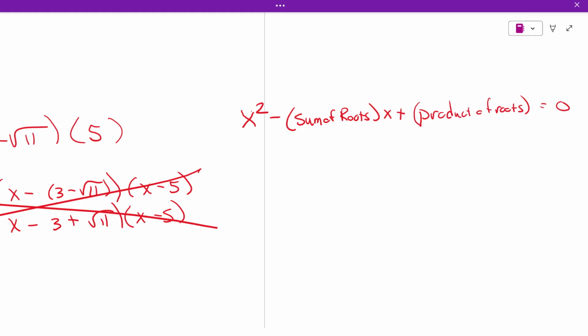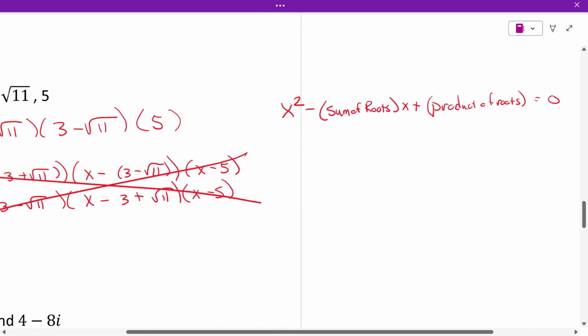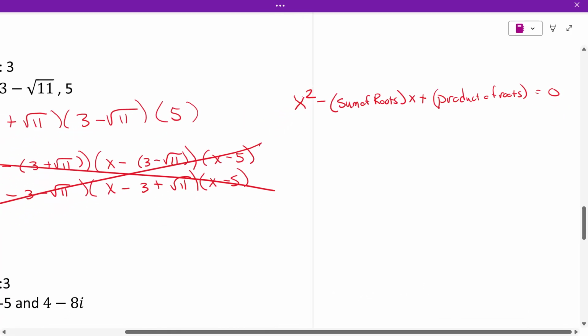I do it this way. It causes much less sign errors, much less mistakes. X squared minus the sum of the roots plus the product of the roots.